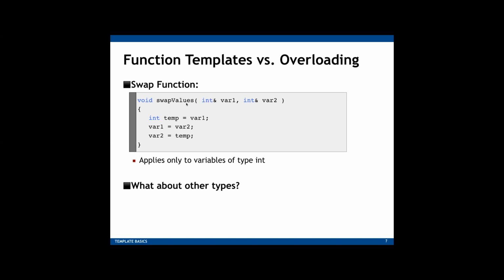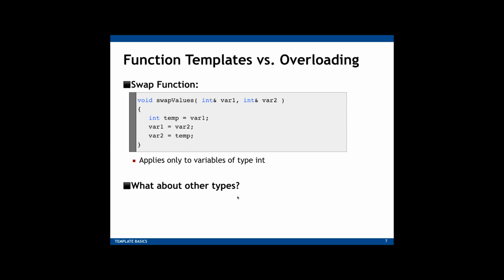And as you can see here, this function receives int type values. So it's swapping two int type argument values. I'm sure this function will work for int type values.